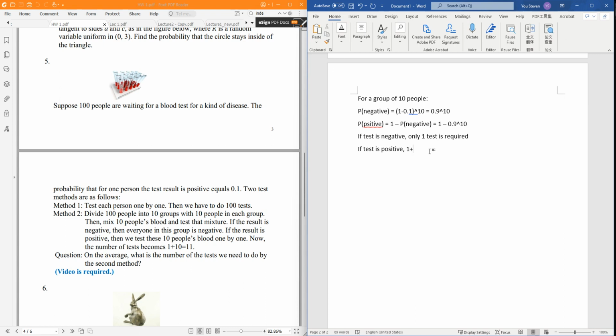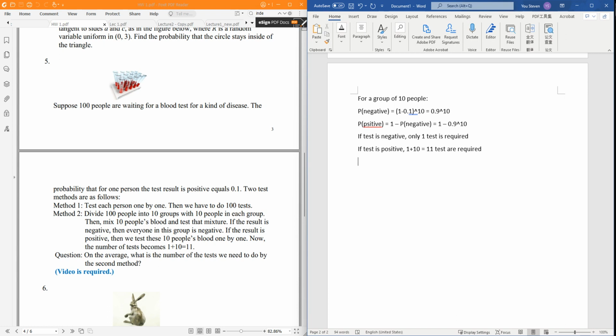So it's one group test plus 10 individual tests, a total of 11 tests required.